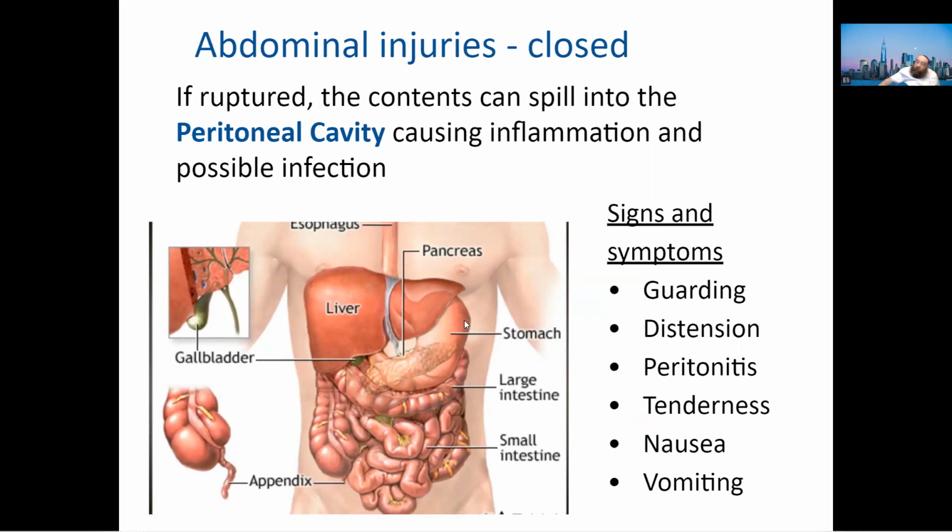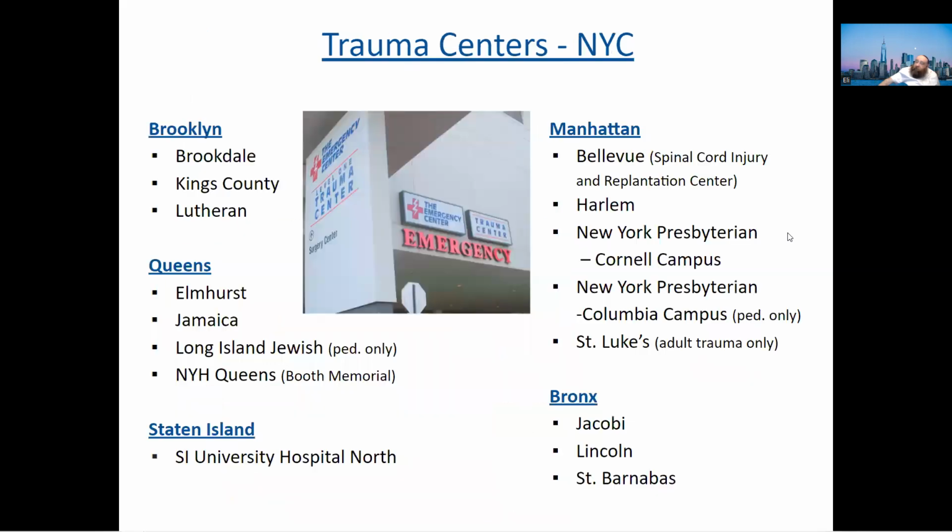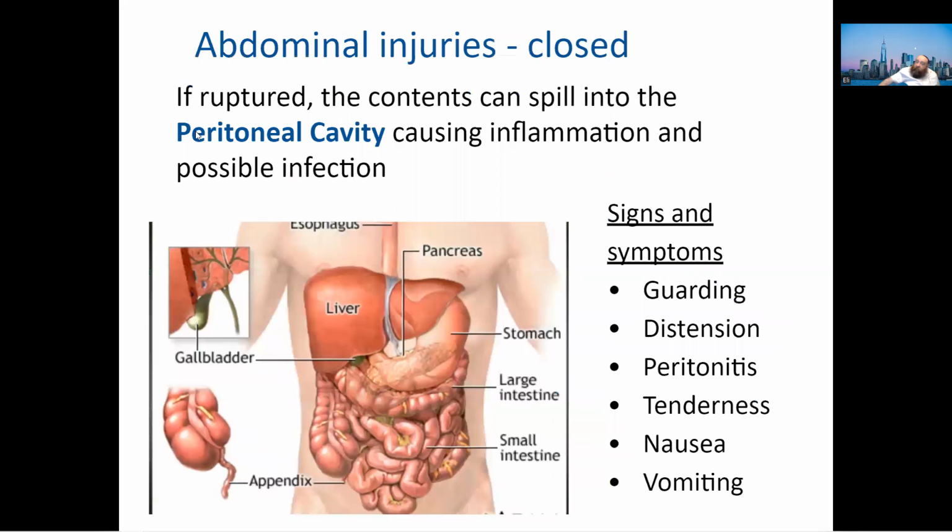On the left side, we have the stomach and spleen in the left upper. That's really it. These are the things that you really need to know. Oh, here's the peritoneal cavity. Okay, so the abdominal cavity is also known as the peritoneal cavity because the peritoneum is the lining of most of these organs.